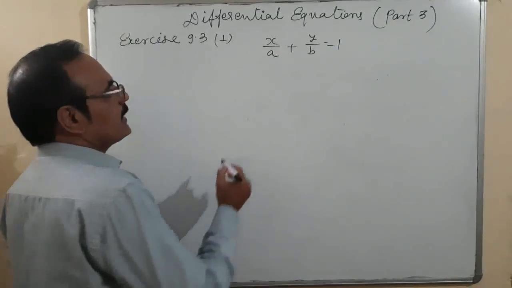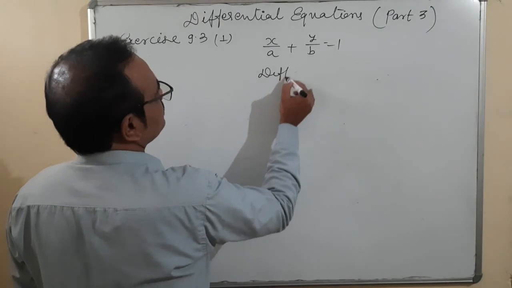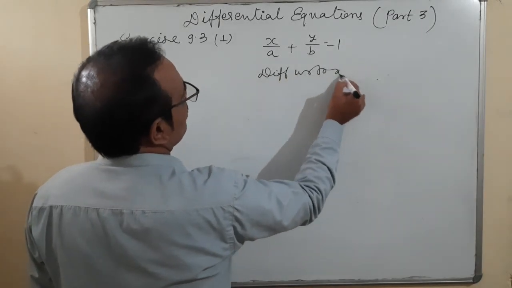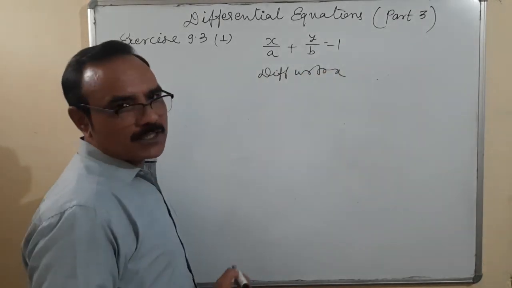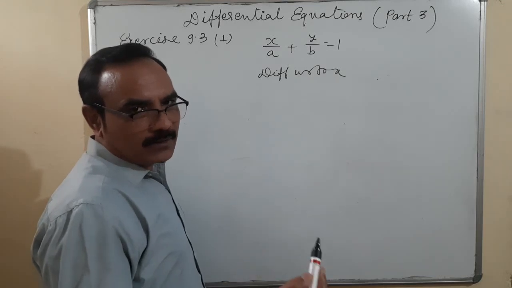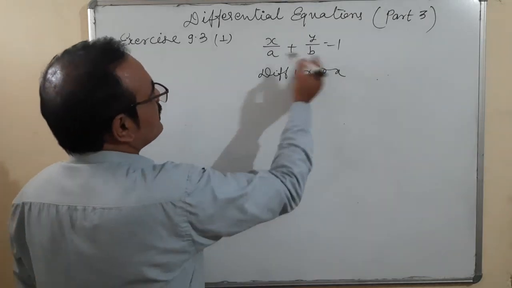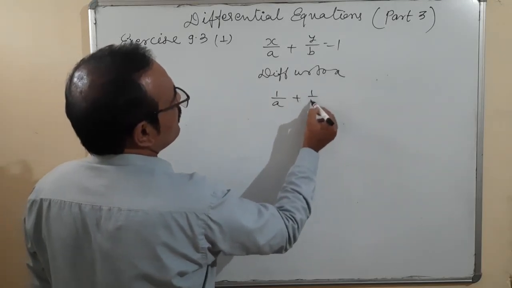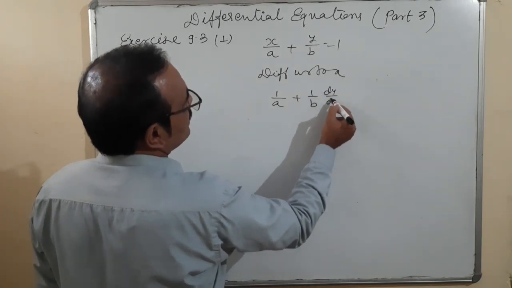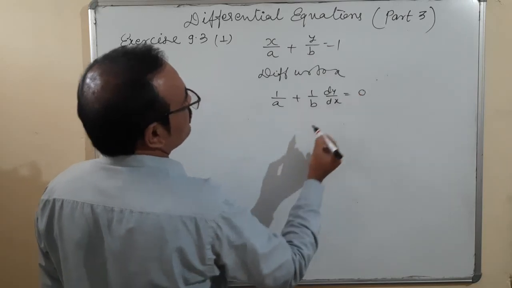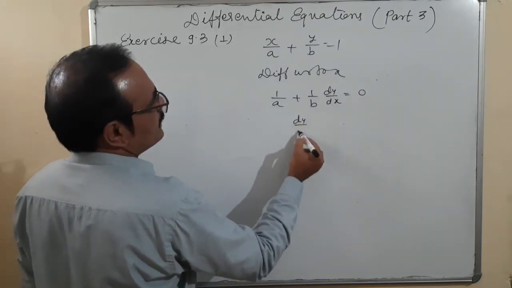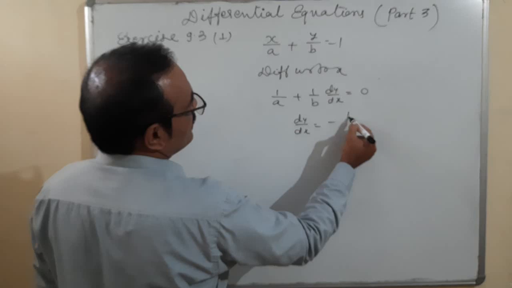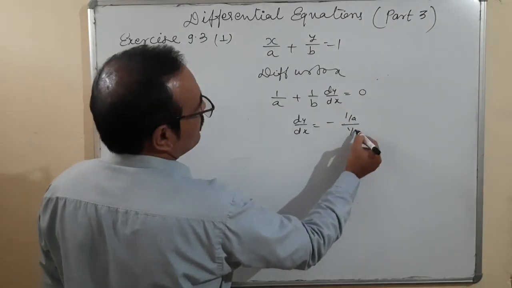So for family of lines, differentiate with respect to x. Because there are two arbitrary constants, we can differentiate 2 times. So it is 1 upon a plus 1 upon b dy by dx is equal to 0. Therefore, dy by dx is equal to minus 1 upon a upon 1 upon b.